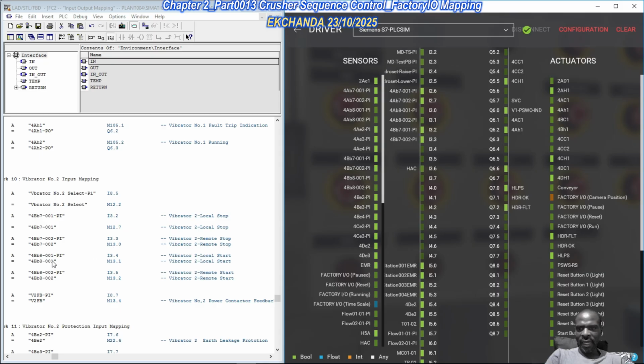Then 4BB8 001 and 4BB8 002 as input 3.4 and 3.5.